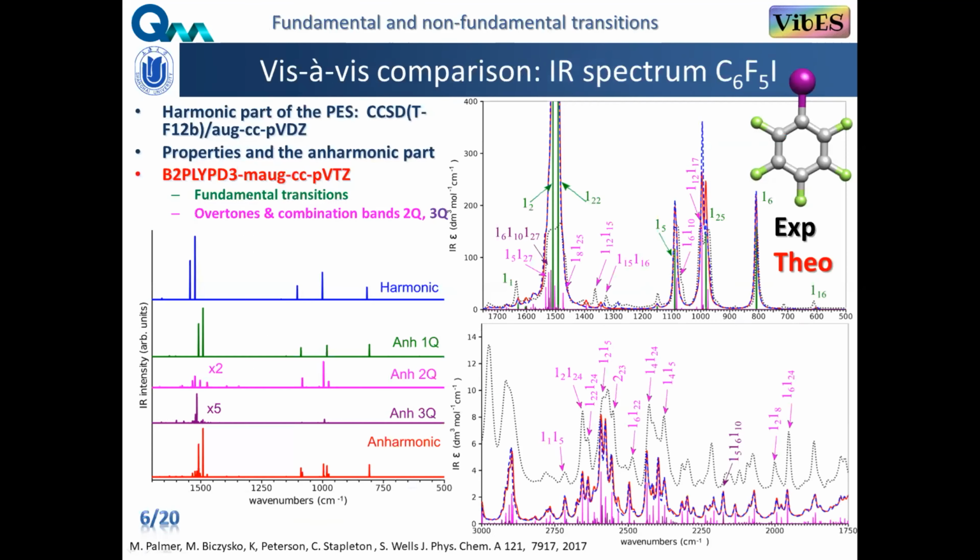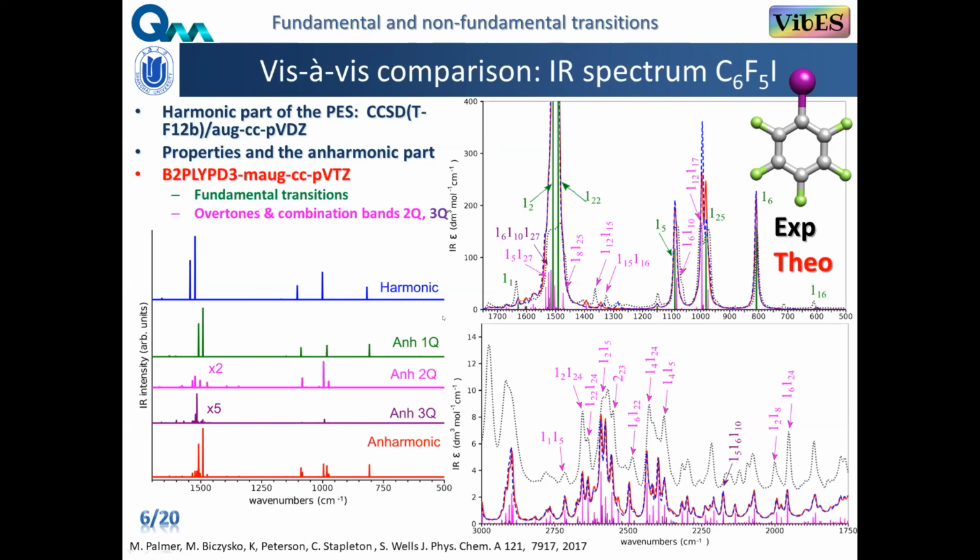If we use this kind of approach, here it will be coupled cluster with double hybrid functional, and compare directly with experiment, you can see in this part of the mid-infrared spectrum you barely see the difference actually. The experiment is with black dots, which are somewhere here. So the accuracy is clearly very good.